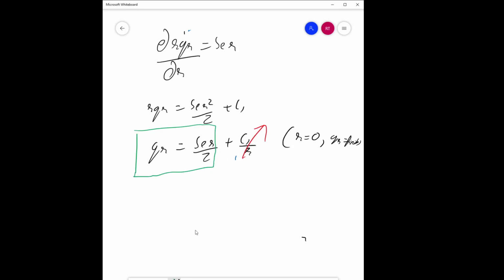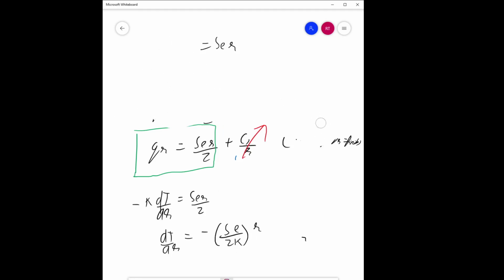S C R by 2. Now the next step, you can write this as K dT by dr is equal to S C R by 2, or dT by dr is equal to minus S C by 2K, and you just have R outside. Now on integrating this again, you get T is equal to minus S C by 2K into R square by 2 plus C2.